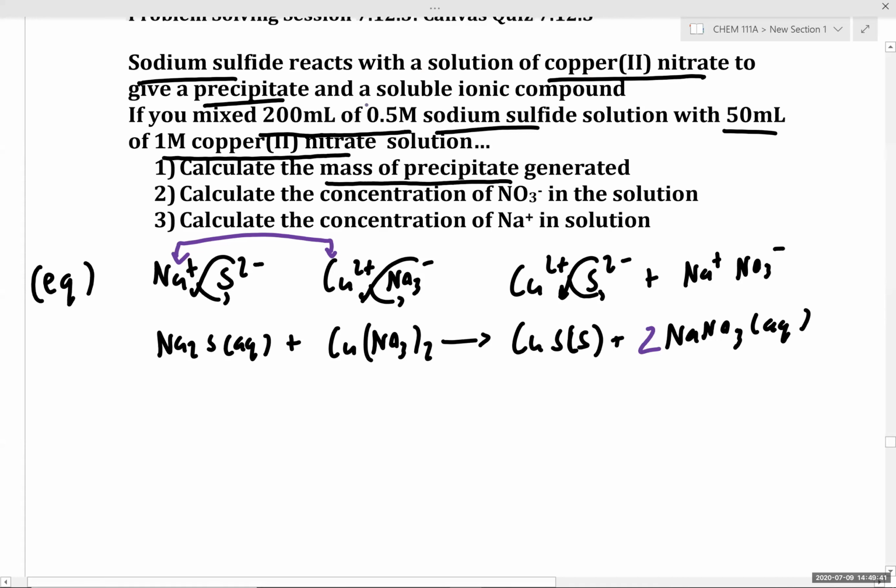Now, given that we know the initial quantities of each of our reactants, I'd like you to calculate the mass of precipitate generated in this reaction. So let's take about 3 to 4 minutes to calculate the mass of precipitate generated from this reaction.